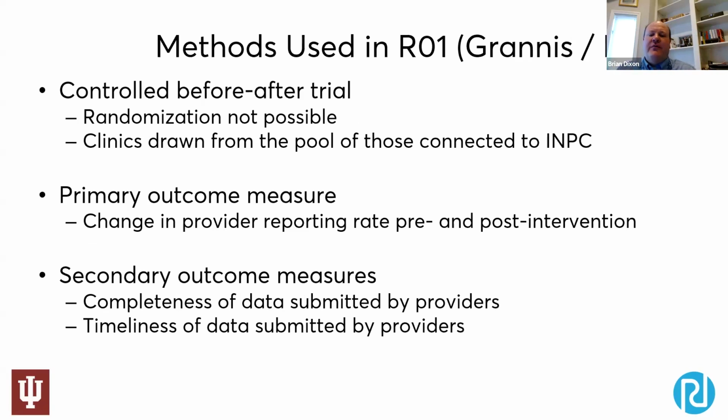So the methods that we used for the study, we used a controlled before-after trial. Randomization was not possible in public health. Sometimes it's very hard in health information system research to do randomization. But what we did do was we took the pool of clinics that were already connected to the HIE.